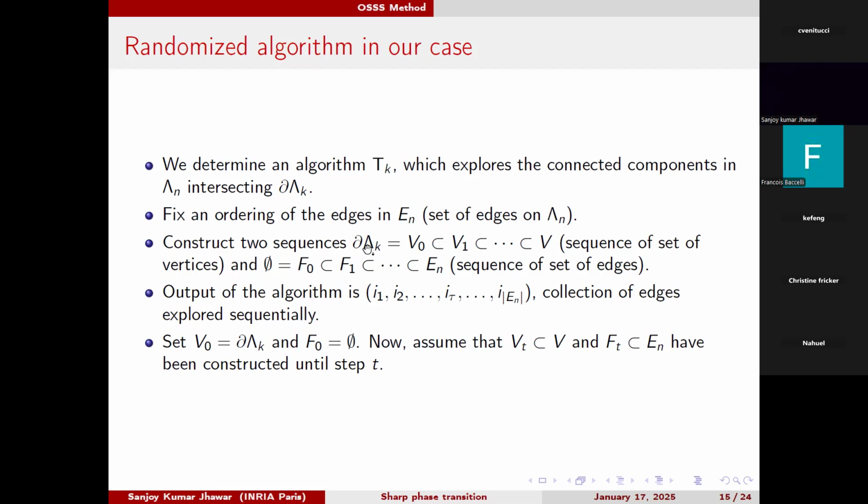So at the boundary you don't have any edge. Okay, and let's say you are at step t, where your set of vertices in the first step of the algorithm is the vertices on the boundary, and the edge set is empty.